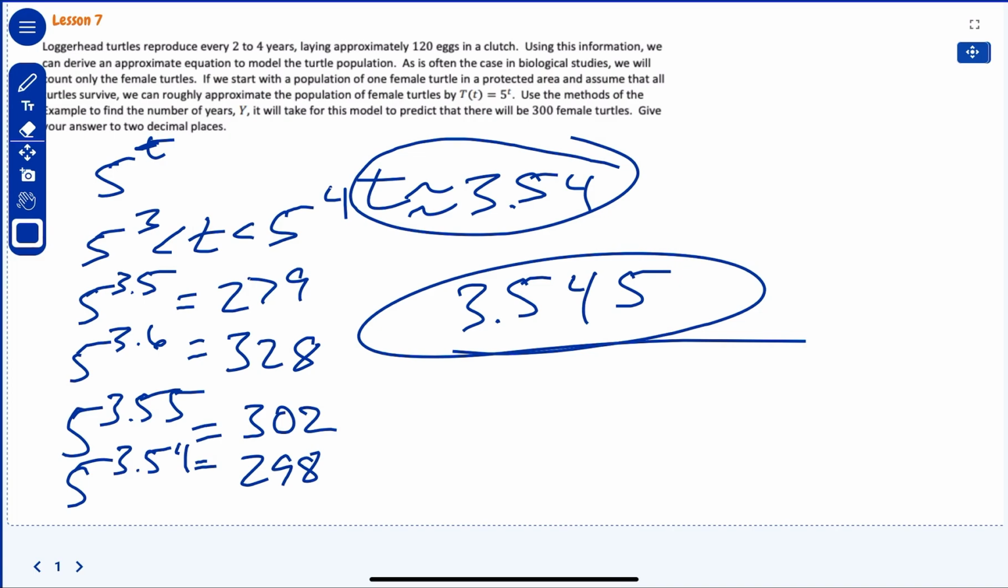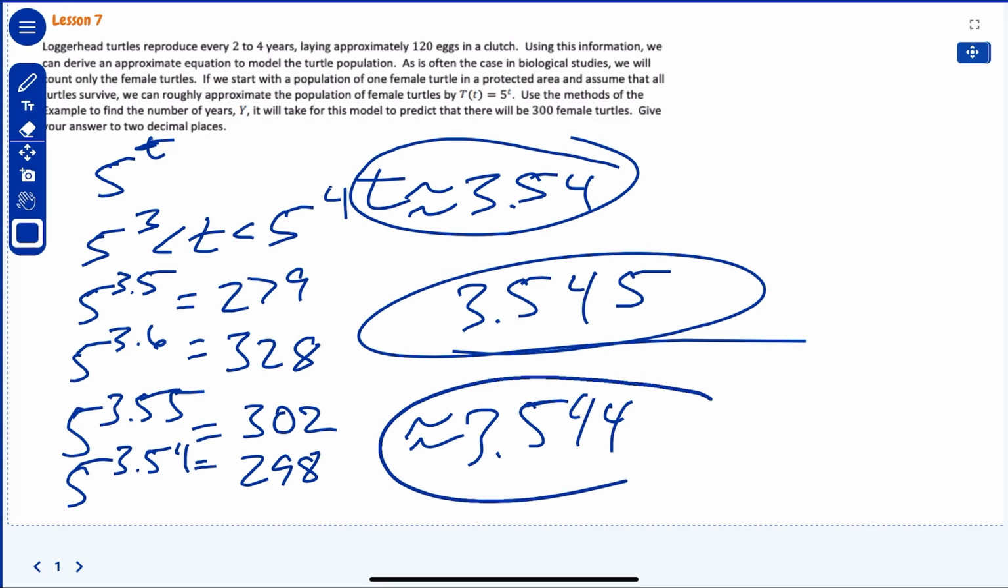That's 300.01. So I would probably say it's approximately 3.544. Okay. All we did was squeeze it down just to get it even closer and even closer and even closer. Everybody see what we did there?